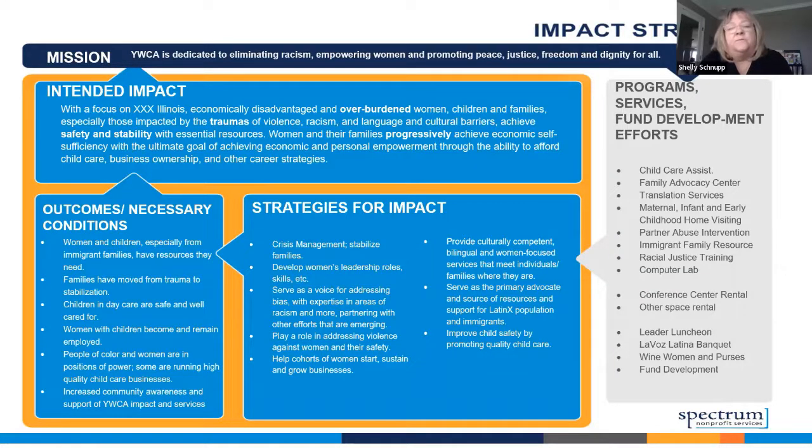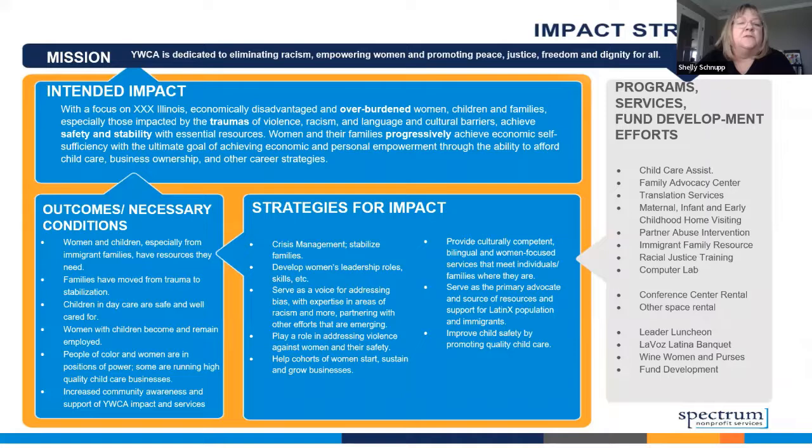And the programs may change periodically. The strategies for impact tend to remain for a while. I won't say they're static, but certainly their lifetime is longer, again, because they're sort of fundamental approaches to what we do and how we do our work.